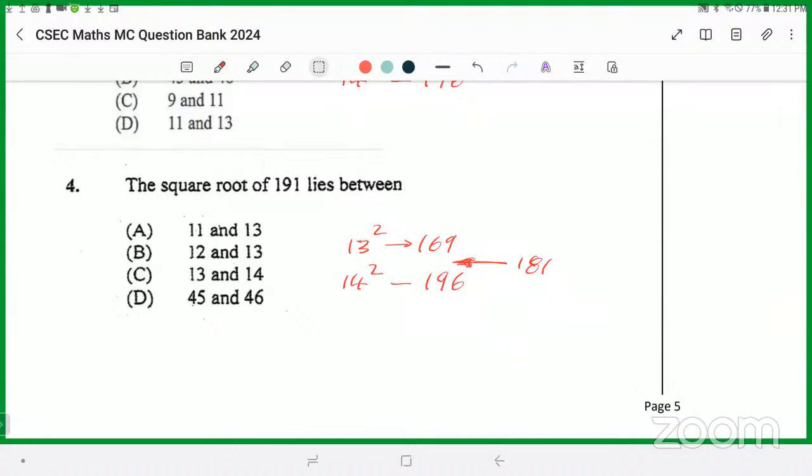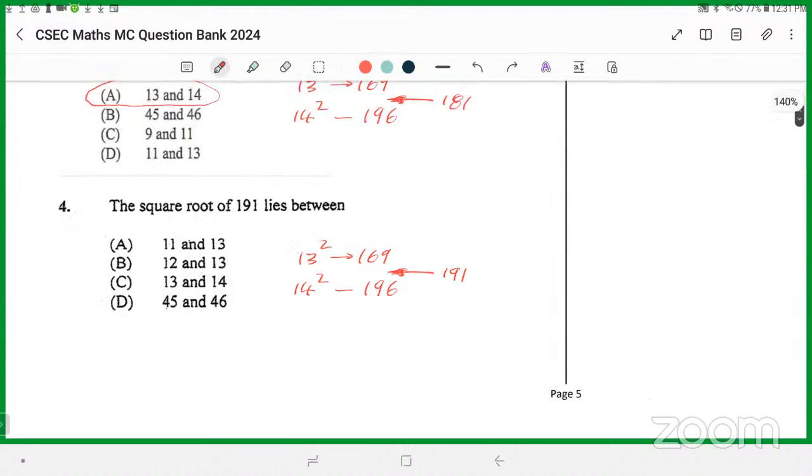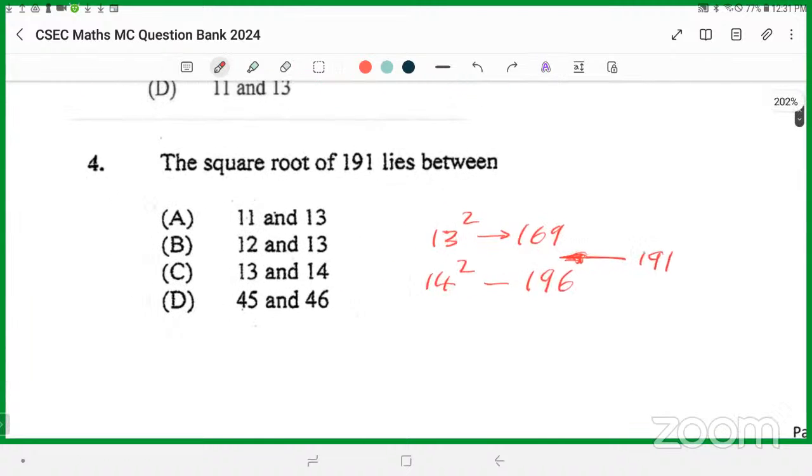Same approach and change this to 191. 191 is still between 169 and 196. These are two consecutive squared numbers, the results of 13 squared and 14 squared. So 191 is between them. So the answer is 13 and 14 here.